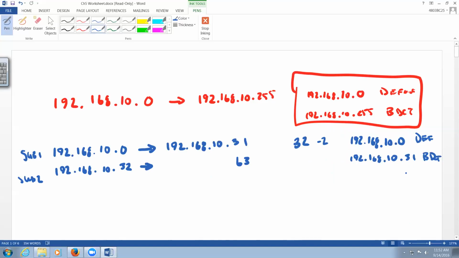So that leaves us from 1 to 30 to be legitimate hosts that we can have in here. Okay? And each one of those is now like its own separate network, so each one of those is going to have like a gateway.